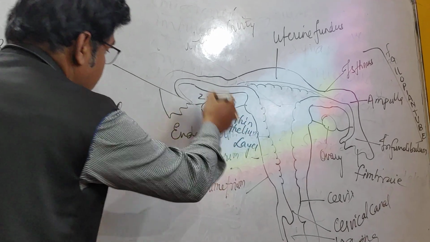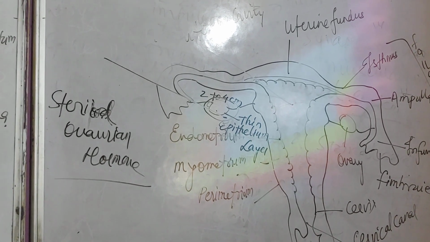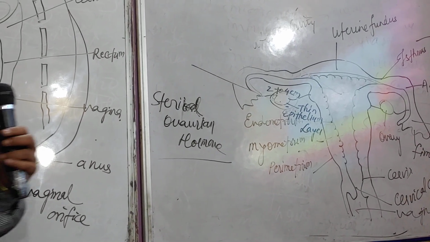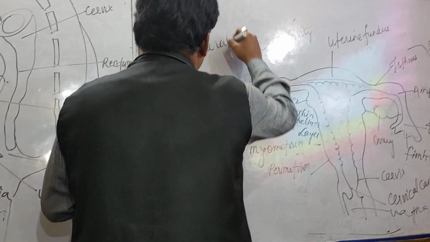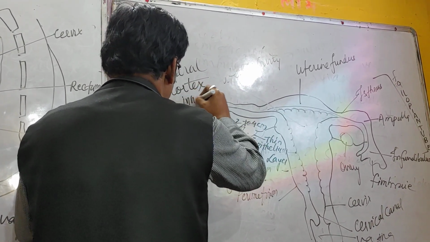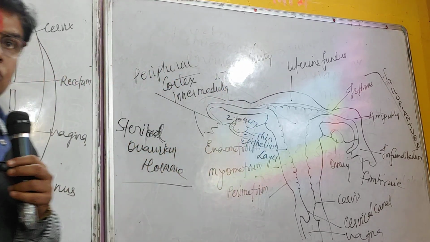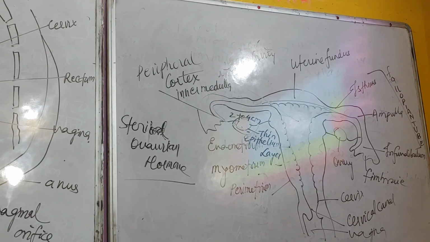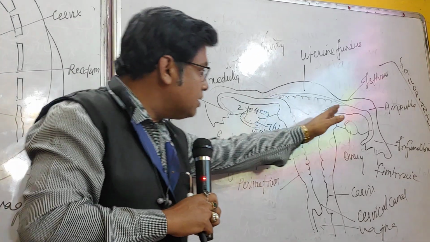This stroma is divided into 2 zones: one is the peripheral cortex and the second is the inner medulla. Inside the ovary, the stroma has these 2 distinct features.